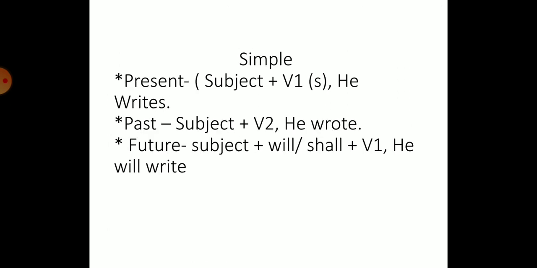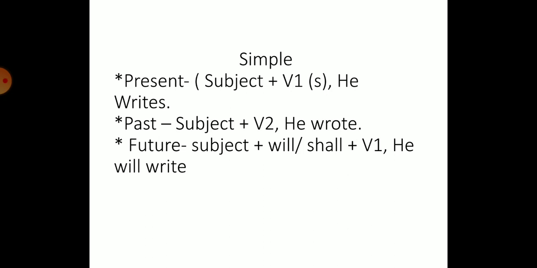Let's take a look at the formation of the different tenses. Let's see the simple. The simple, we all know, is divided into 3 again: simple present, simple past, and simple future. Let's see the formation. Remember, subject, a noun or pronoun, before the verb. So, the subject and the verb's first form with the s or es.